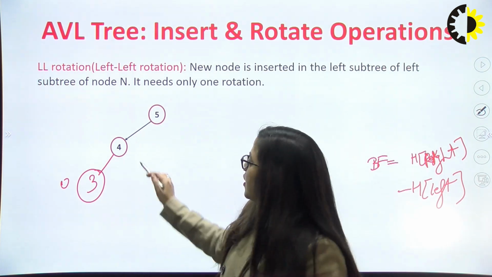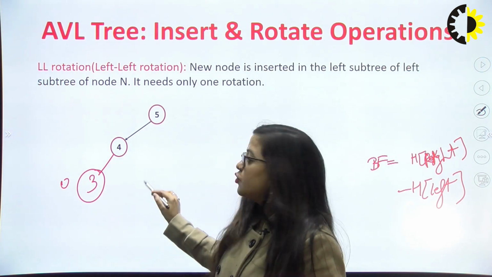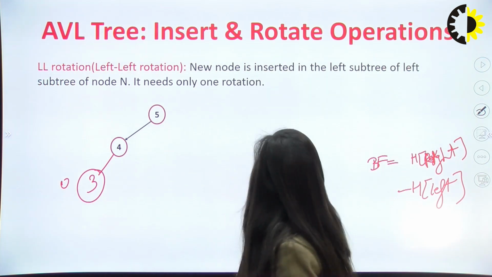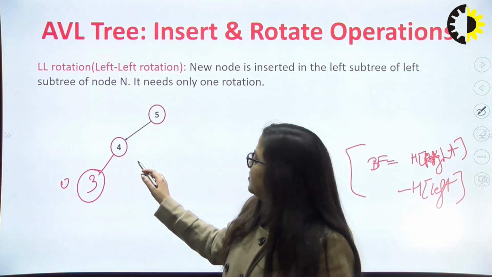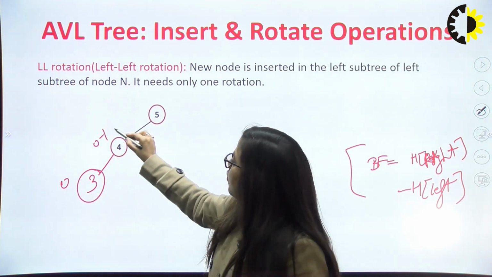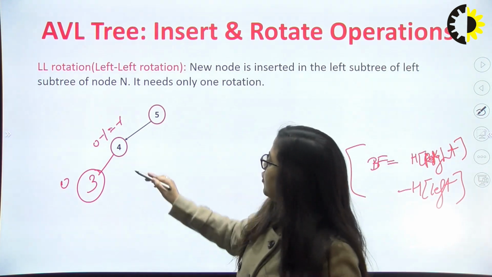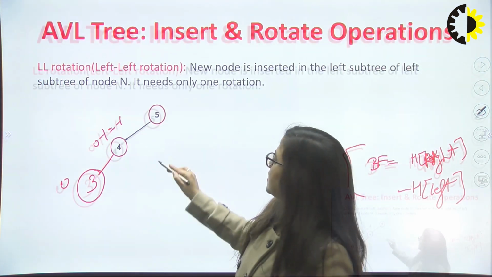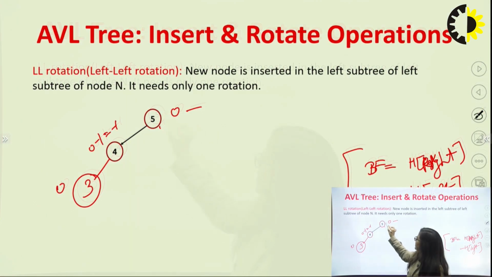Now comes 1, and it has no child on the right. So right minus left, 0 minus 1, because there is 1 child on the left. The answer is minus 1. No need to change. Now comes the next number. Here right side is 0 minus left 2, so the output is minus 2.